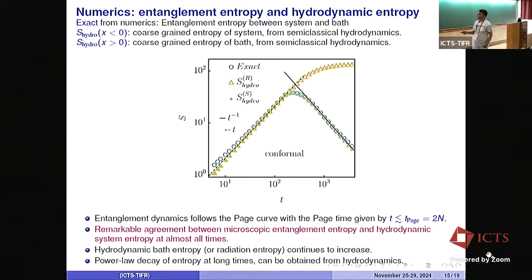This crossover happens at a time scale which we will call the Page time, because that's where the entropy changes its increase. We see a really remarkable agreement between the microscopic entanglement and the hydrodynamic system entropy at almost all times. The hydrodynamic bath entropy keeps increasing, and the system entropy has this inverse time decay, which can be obtained exactly from hydrodynamics.